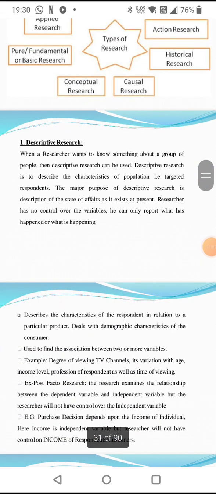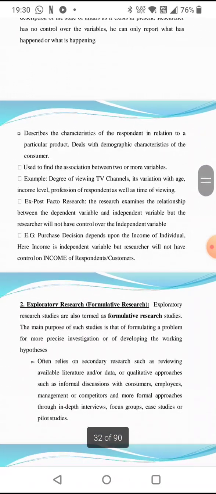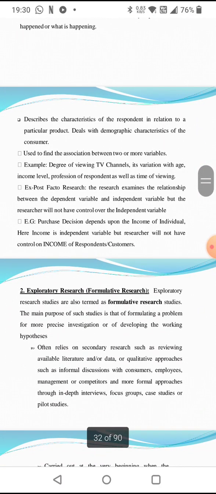When a researcher wants to know something about a group of people, then descriptive research can be used. Descriptive research is to describe the characteristics of the population, that is, targeted respondents. The main purpose of descriptive research is describing the state of affairs, and here the researcher will not have any control over the variables. He can just report what has been happening or what has happened. It describes the characteristics of the respondent in relation to a particular product.